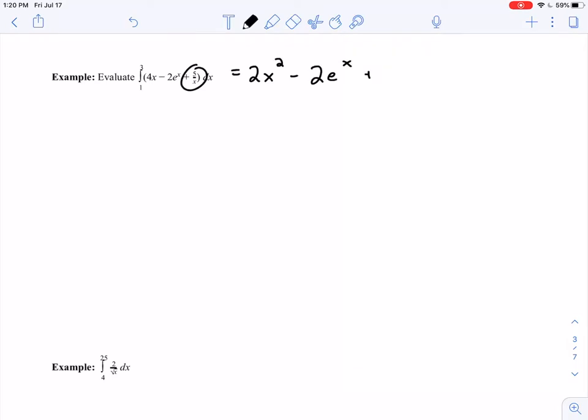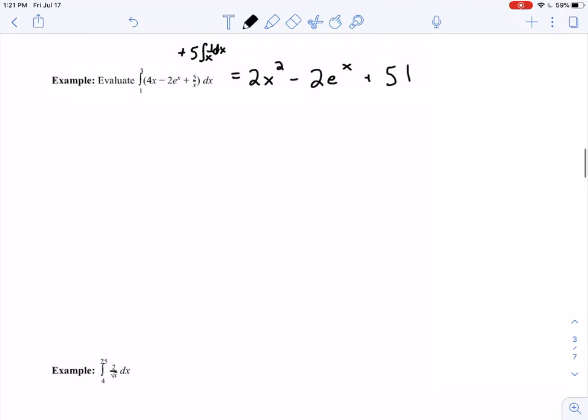And then plus 5 over x. Remember I can think about that as plus 5 times the integral of 1 over x dx if you need to, because I think that makes it easier to see that my integral should be 5 natural log absolute value of x evaluated at 3 and 1. So okay, let's take 3 and 1, we'll plug these in, subtract the two.